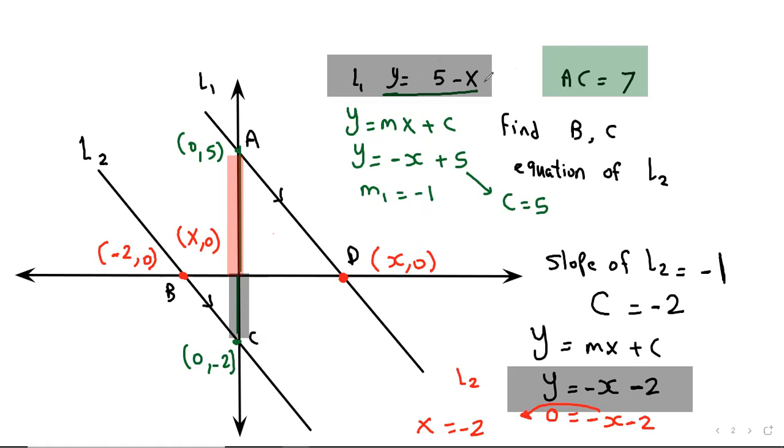So we are going to put 0 instead of y in the equation y equals 5 minus x. So 0 equals 5 minus x. Move -x to the other side. So x equals 5. So the two coordinates of the point D are 5 for x and 0 for y. That's it. Let's go to the next one.